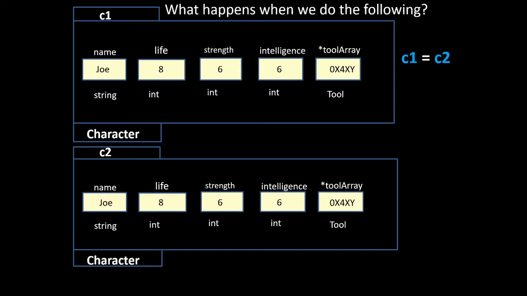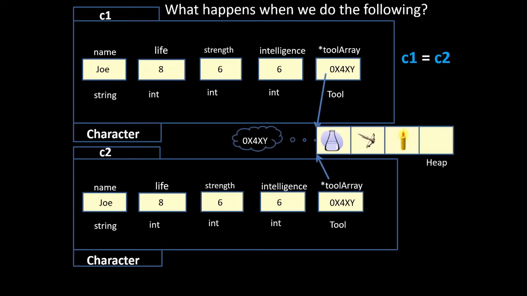I'm dealing with dynamic memory, or at least a pointer, or a resource. This is what happens. Okay? They are both now pointing to the same memory address. And again, we refer to this as a shallow copy.